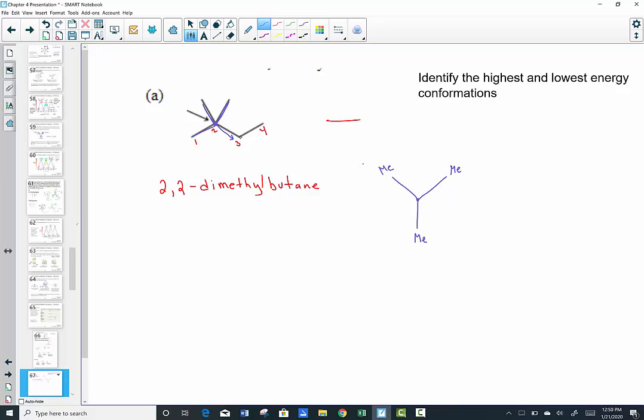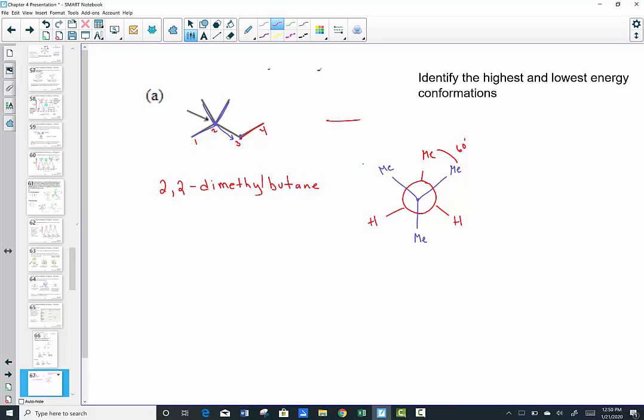How about carbon 3? Let's make carbon 3 red. As I look up, I see a methyl. And then I don't see them, but I know they're there. The 3rd and 4th bond are hydrogens. So, is this the most stable conformation? Well, I have 60 degrees between the methyl groups in all directions.